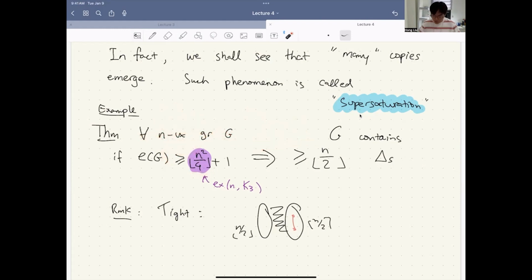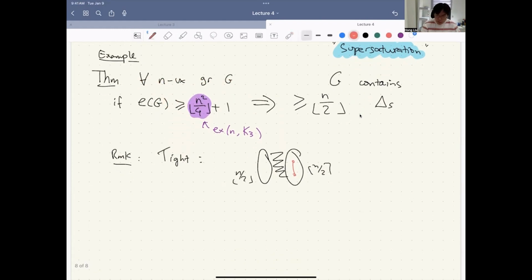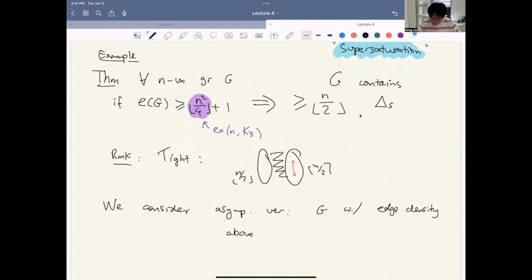Let's look at things asymptotically. We consider the asymptotic version. What it means is to look at graphs with edge density above 1/2.